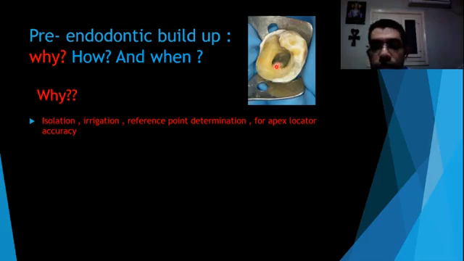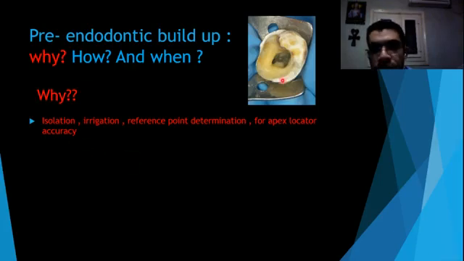And also for reference point determination. For sure, we have missing walls, so we will have missing cusps. And for reference point determination, we need to have a fixed and reproducible reference point. So we need to build the missing walls in order to have a reproducible reference point. And also for apex locator accuracy.